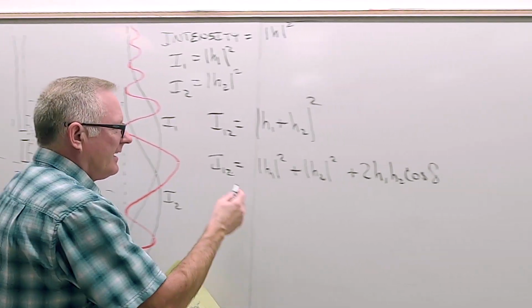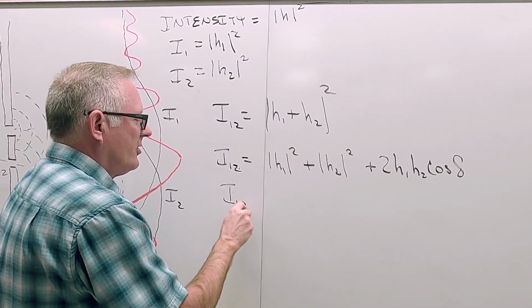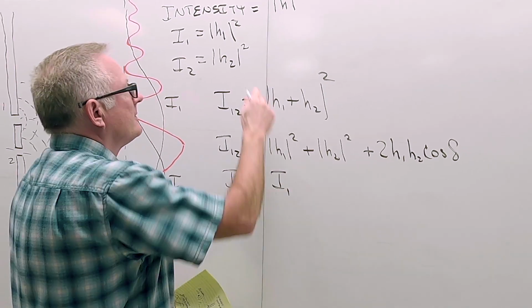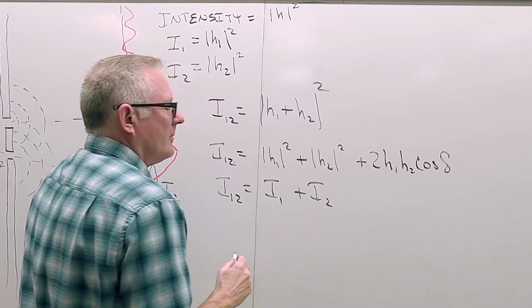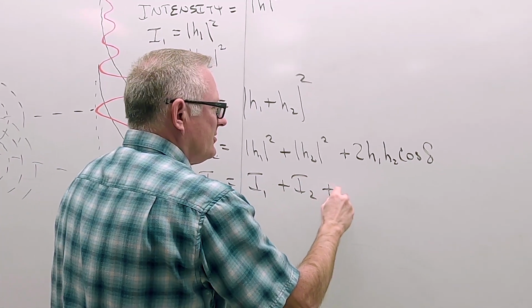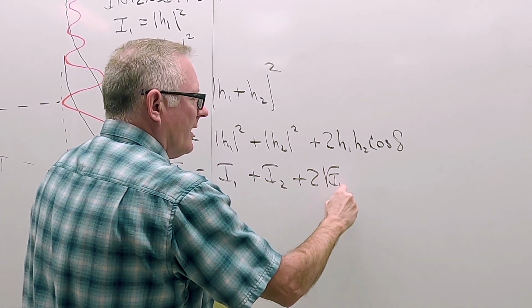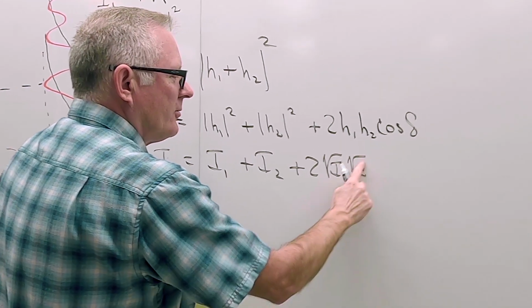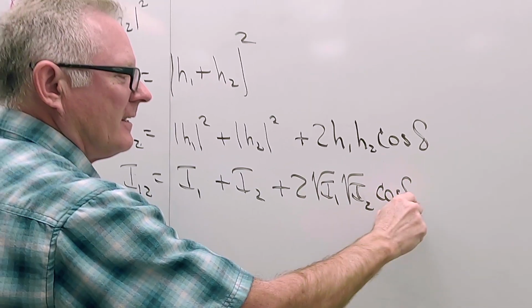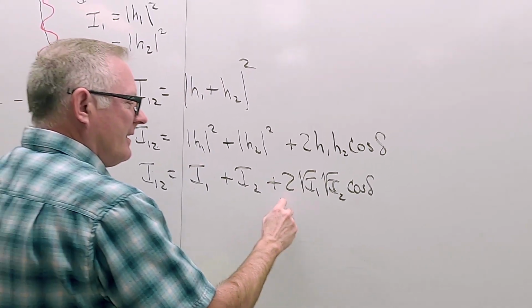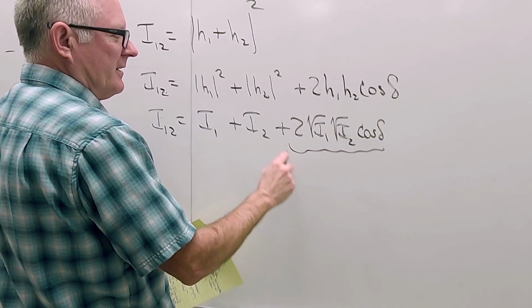And so I12 is just I1 plus I2, but now we get plus 2 square root of I1 square root of I2 cosine delta. Well, this is the interference term.